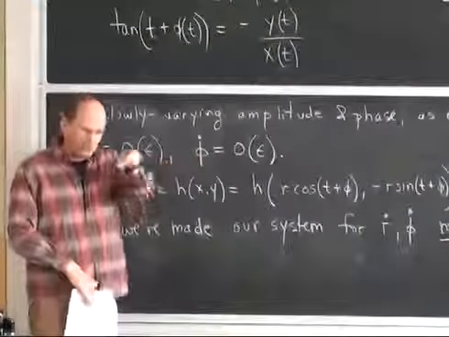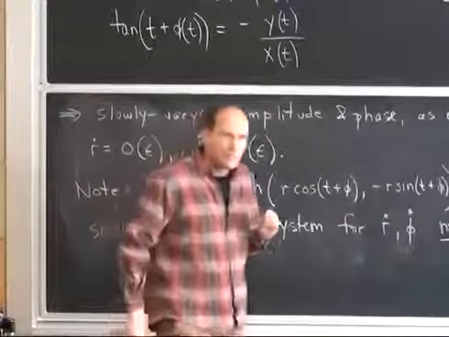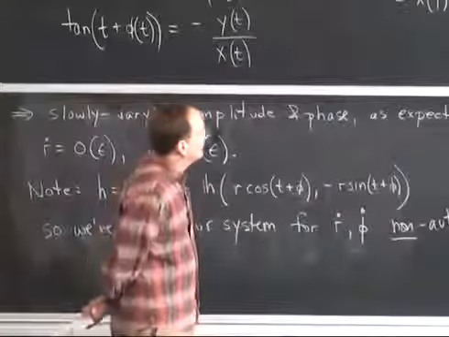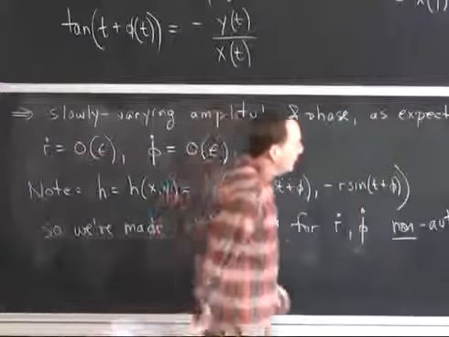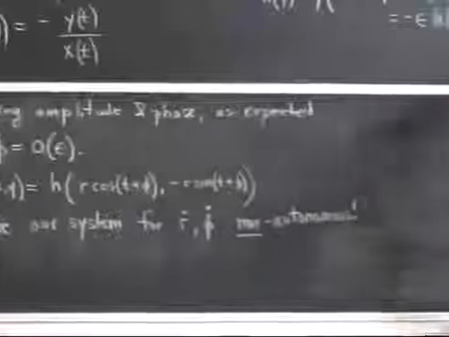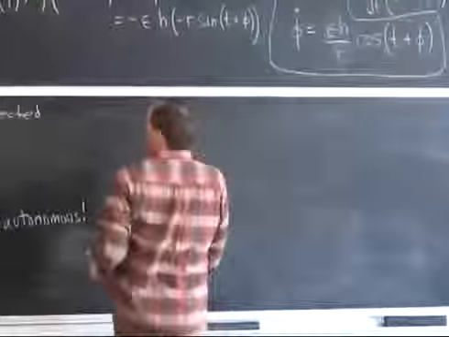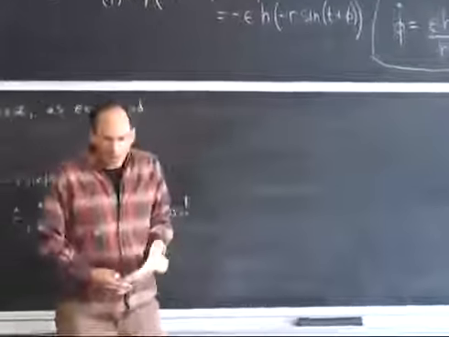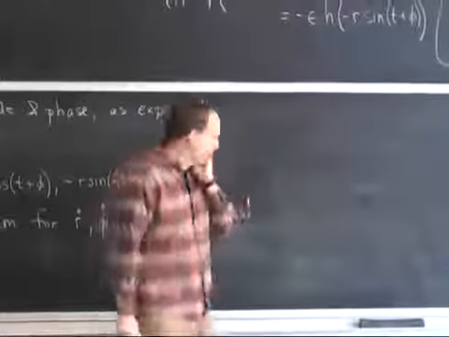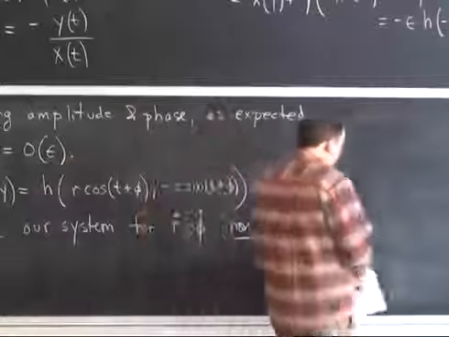I saw a question. Yes? Why didn't you say it was non-autonomous when T was already there? No, it's certainly non-autonomous when I look at these equations also. I just mean that when I looked at the x dot, y dot equations, I guess I shouldn't have said it that way. It's not that we made our system for r dot, phi dot non-autonomous.